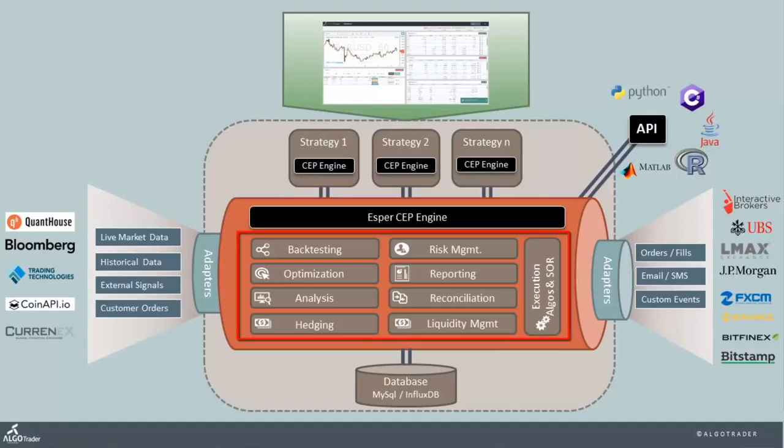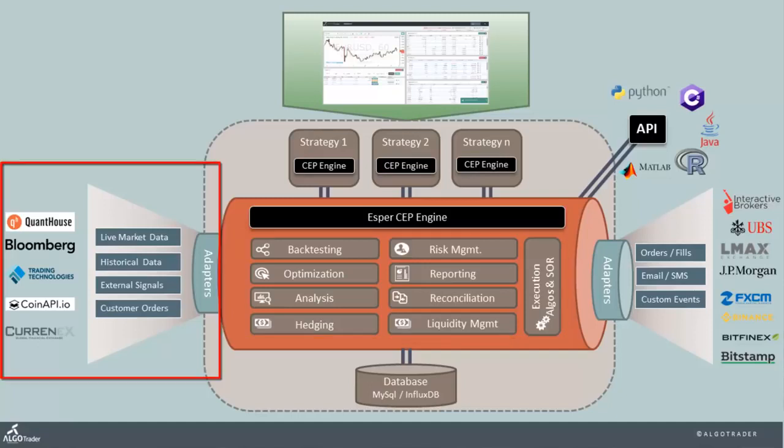In here in the AlgoTrader server we have what we call business services. These are services that hedge funds typically use in their trading. Over here on the left-hand side, we have a lot of inbound data adapters for live market data and historical data. So we connect to Bloomberg and TT and various cryptocurrency data sources.